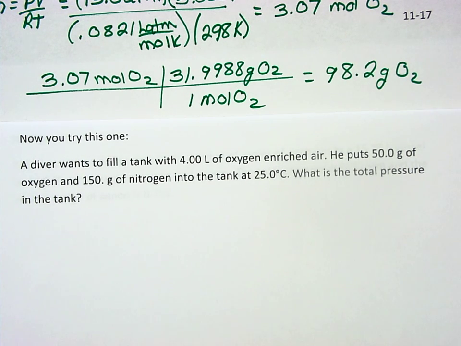Since we know that the total pressure is equal to the pressure of each one because they all act the same, you can actually solve the ideal gas law twice and add the two pressures together. Or if you're as lazy as I am, you can figure out how many moles of each gas you have, add those together, and then just do the pressure calculation once. And that's what I did in solving this problem.